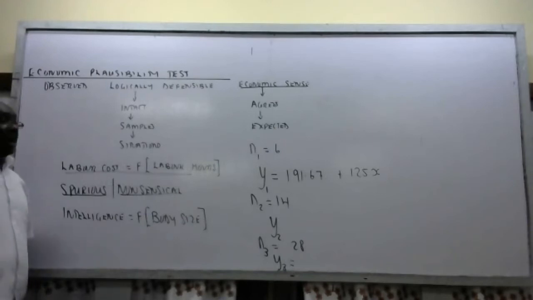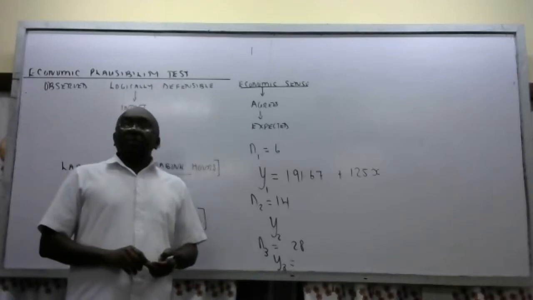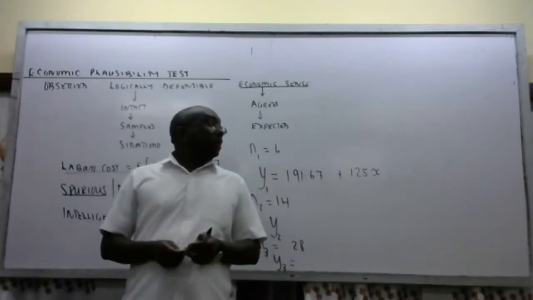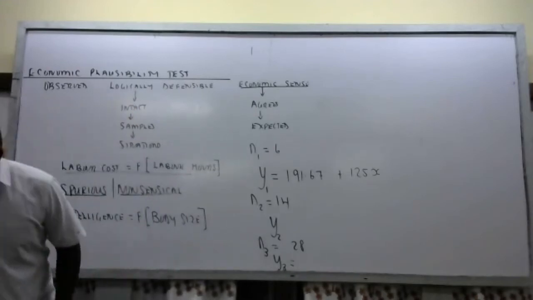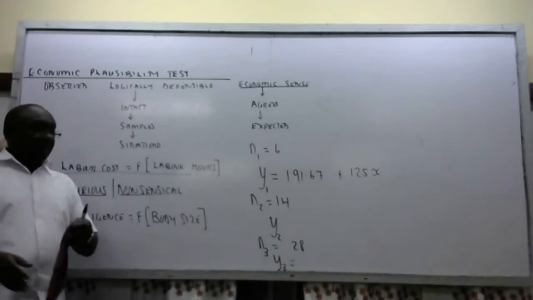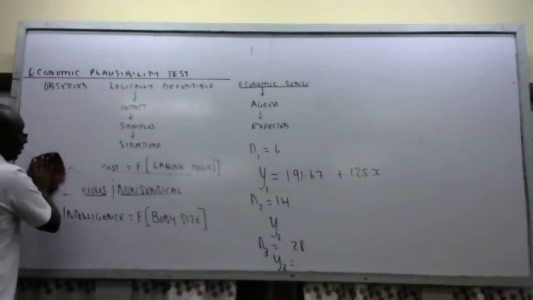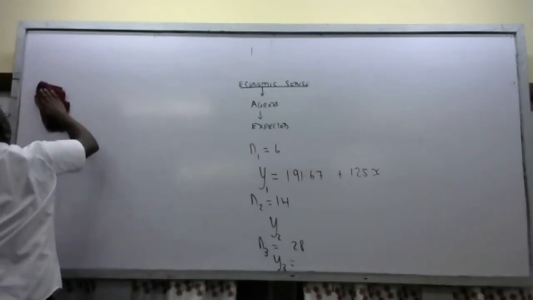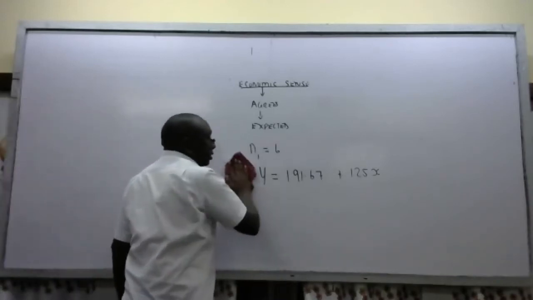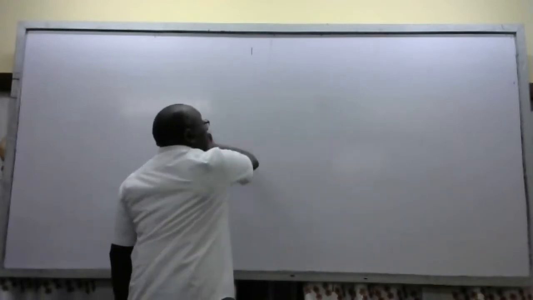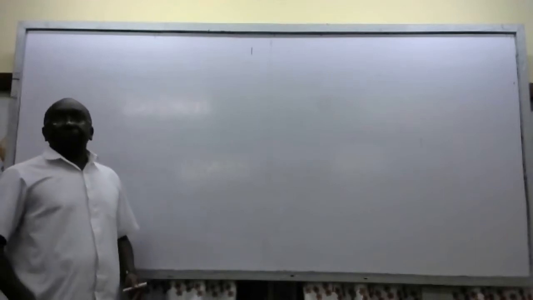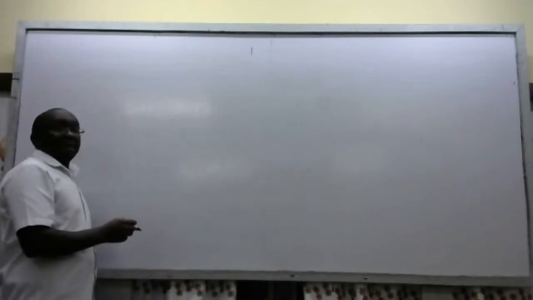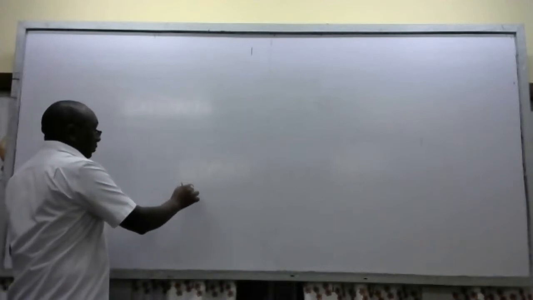Then down there you write that the relationship between labor hours and repair costs in the above case is economically plausible, since the observed relationship is direct (positive 125).